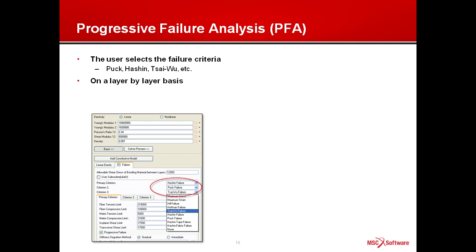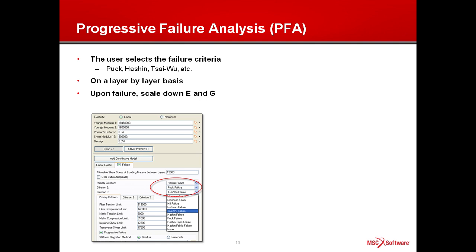The plies will start to fail layer by layer. So when a ply starts to fail, what we do is we scale down the moduli, E and G. We make that failed ply very soft and effectively take it out of the load path. And from that point on, the load can redistribute to other plies, and the load can also redistribute to the surrounding structure.